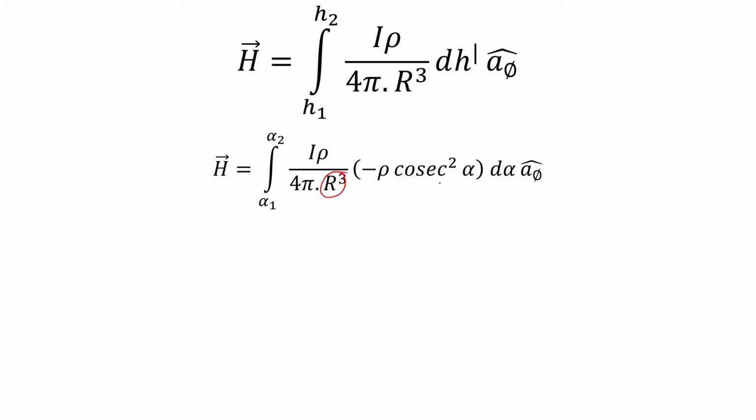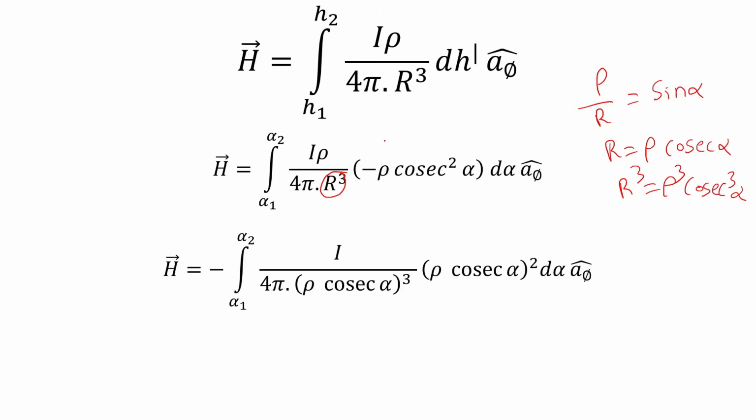I have already seen that rho by r equals sin alpha, hence r equals rho cosecant alpha, hence r cube can be written as rho cube cosecant cube alpha. This rho and this rho can be multiplied, so the numerator can also be written as, with the negative taken outside, rho cosecant alpha whole square, and the denominator is rho cosecant alpha whole cube.